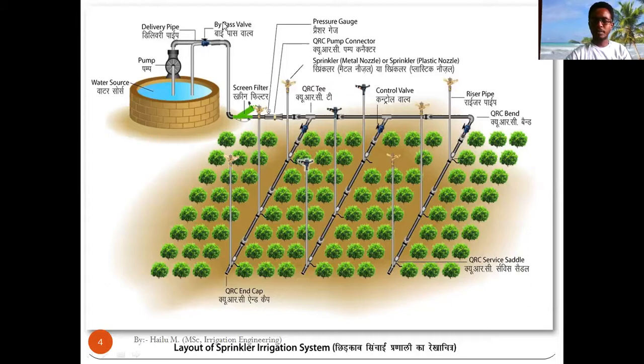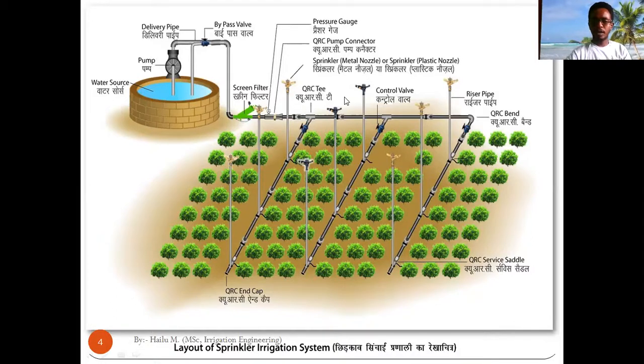Then a screening filter is there to screen or filter the wastes, dust, and other materials which may enter from the water source into the pipe. Then a pressure gauge is there. When the water enters the pipe, the pressure should be known, because we use a pipe system, and excess pressure may cause breakage of our pipe.